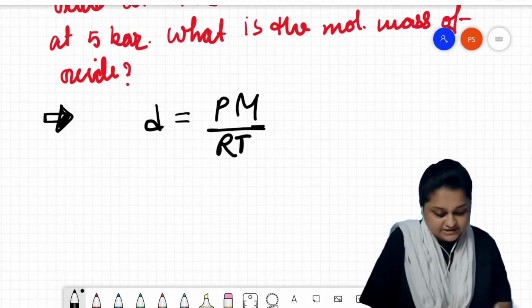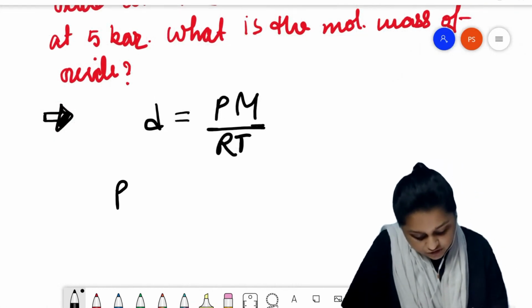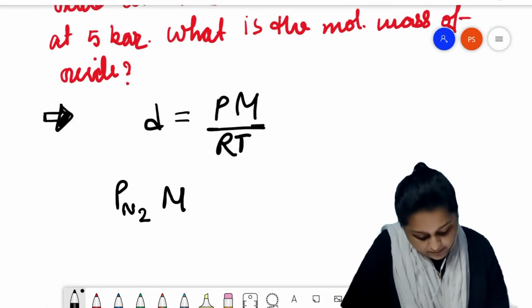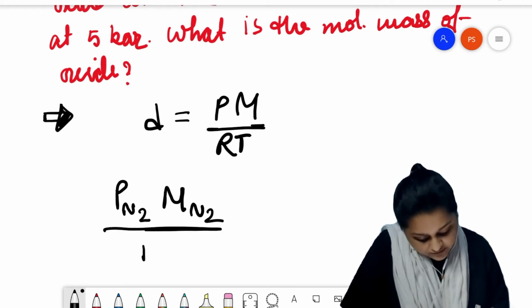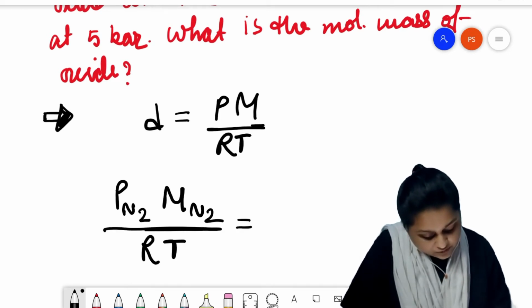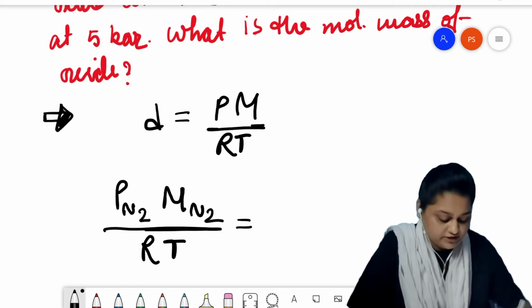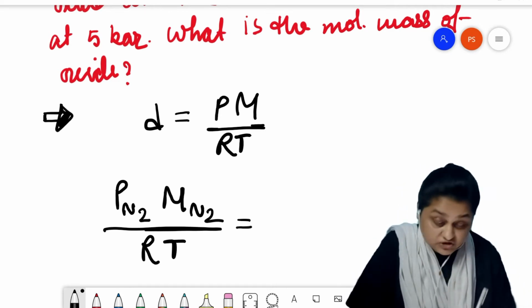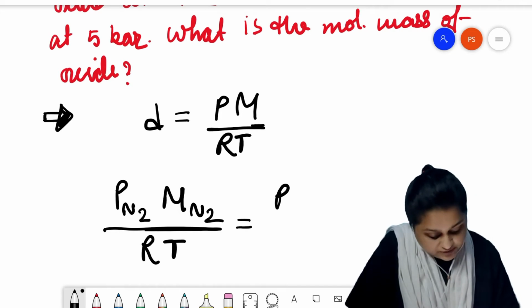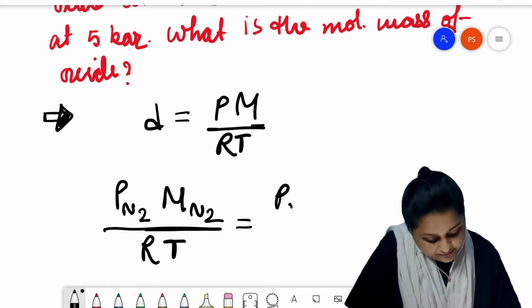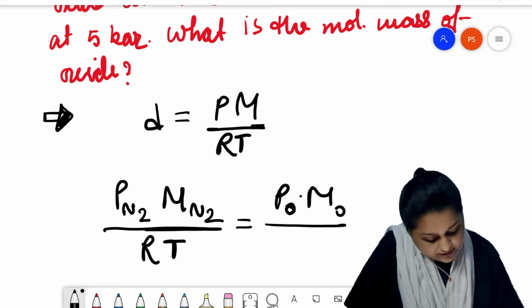Now, as density is same, the pressure of nitrogen and molecular mass of nitrogen by RT, temperature is same for both of them, this expression is going to be equal to the expression pressure of the oxide and molecular mass of the oxide by RT.